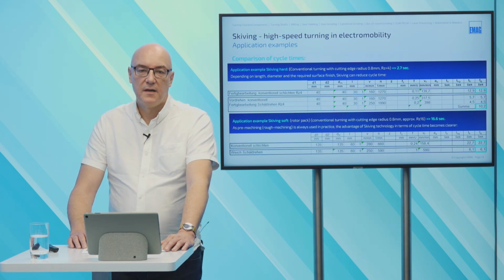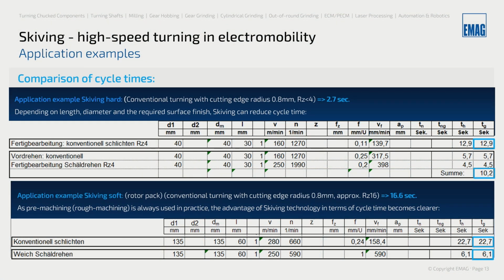Next would be an example for soft skiving. Here it is a rotor package. Conventional turning would be with a cutting edge radius 0.8 millimeters, and we need RZ16 for the surface. Because we also have to do the pre-turning in both cases, the advantage of the skiving process is higher.